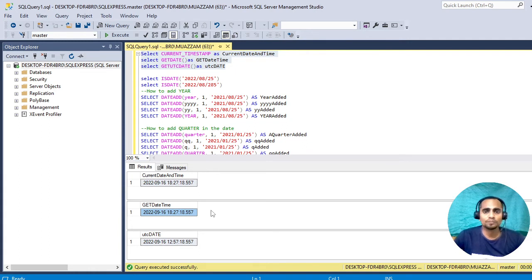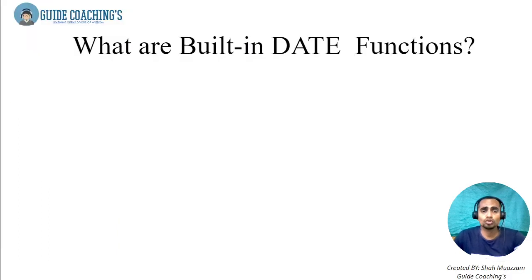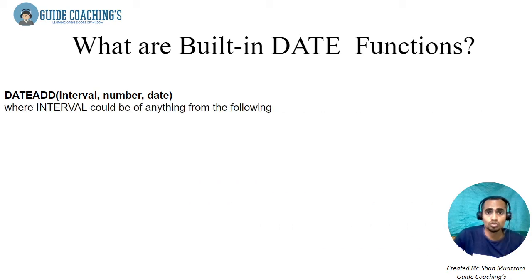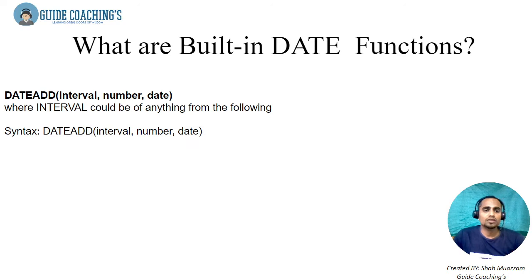Okay, now moving on to our next function in SQL, that is dateadd. What it does is it adds a value to certain dates. If we have a certain date and we want to add some interval to it, we have this dateadd method. How to use it? We have three parameters for it.